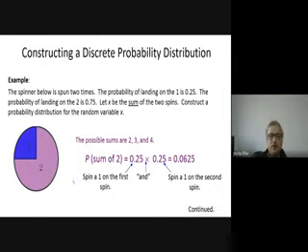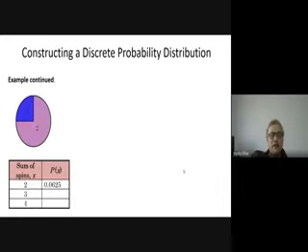For a sum of 2, the first spin is 1, with probability 0.25, and the second spin is also 1, again with probability 0.25. Multiplying 0.25 by 0.25, the probability of a sum of 2 is 0.0625.